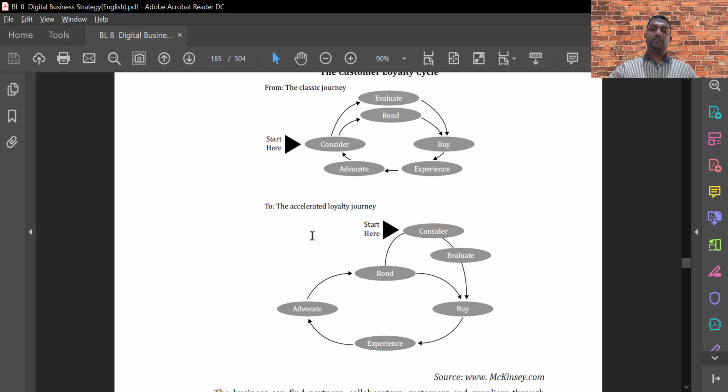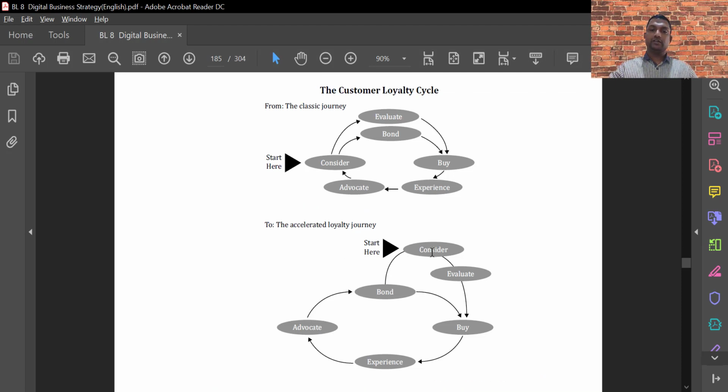The accelerated loyalty journey starts at the same stage: consider the product, evaluate the product, and straight away buy the product. Then experience the product, become an advocate, and after that bond with the organization.